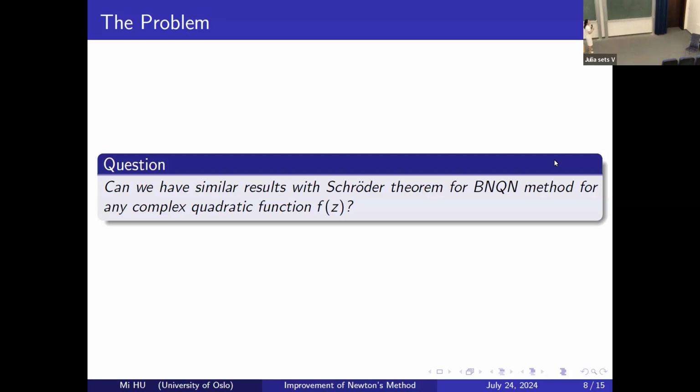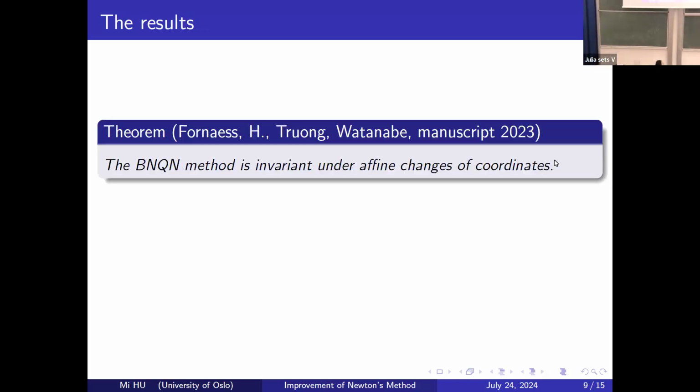We want to show that any complex quadratic function can be reduced to f(z) equals z squared minus 1, or plus 1, it doesn't matter, with two different roots. Then it will be easier.